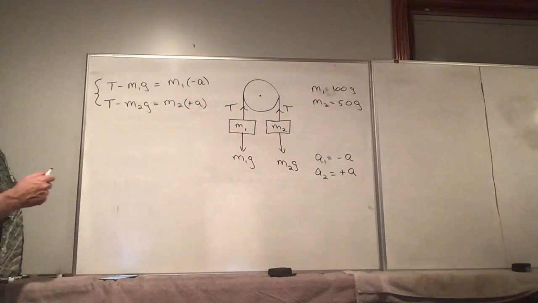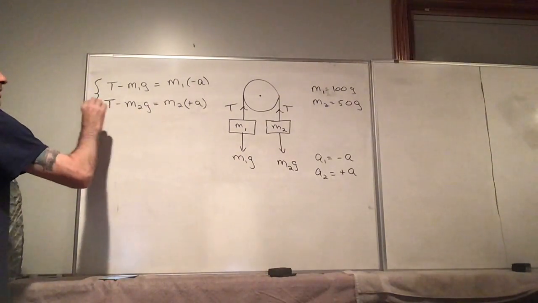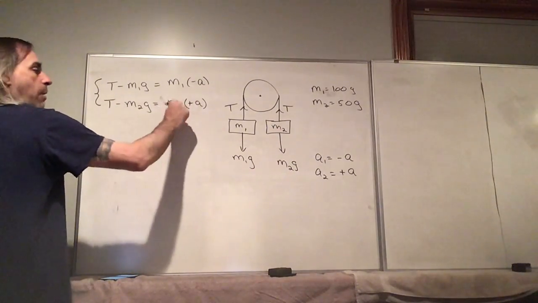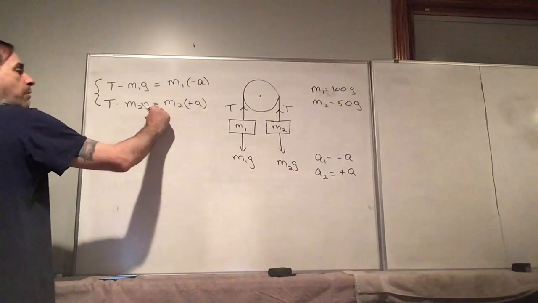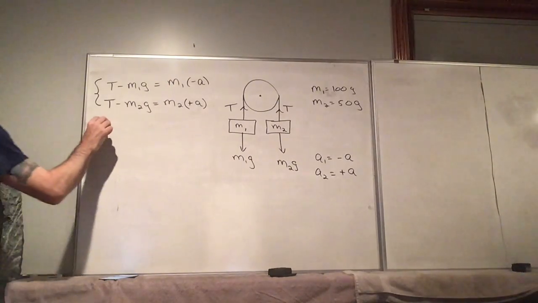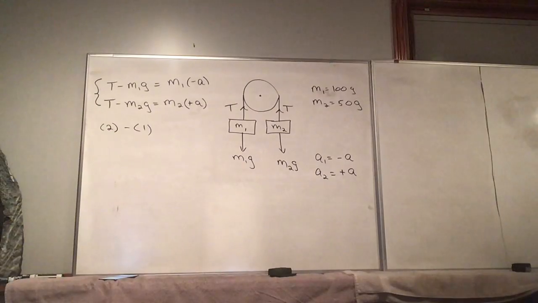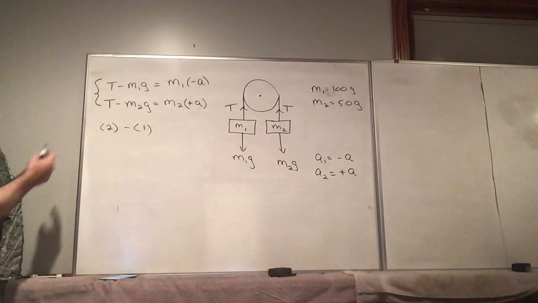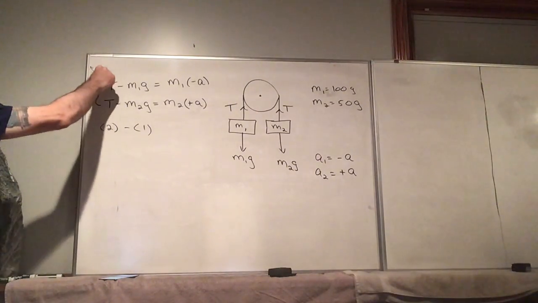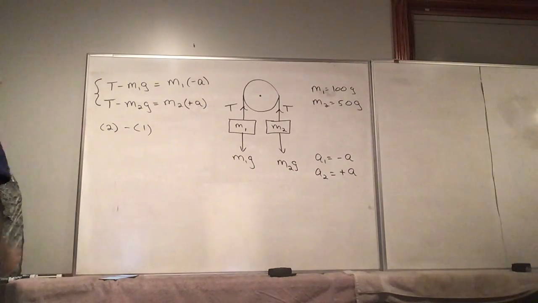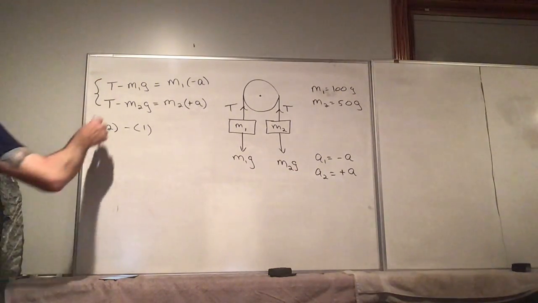So now to solve this, let's call this equation 2. Here's equation 2, here's equation 1. So let's do equation 2 minus equation 1. The reason why: if we take this equation and subtract this one, we'll have T minus T, and they'll cancel out.